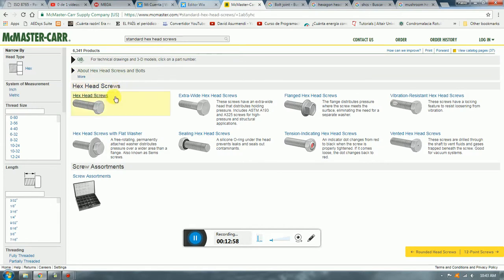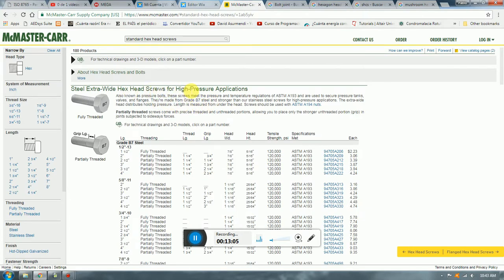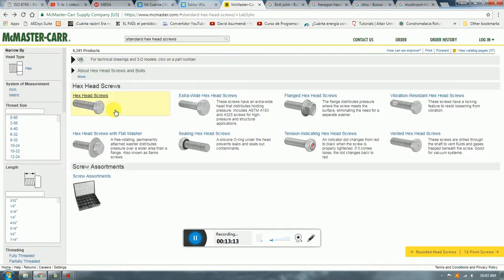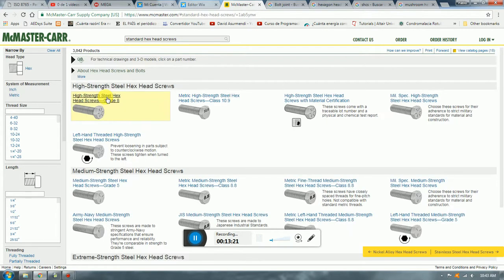But when you go here, you're going to see, for example, an extra wide head for high pressure applications with an ASTM. Let me see if I can find one better. Here, you're going to get the regular one, and you're going to get high strength ones, medium, whatever.